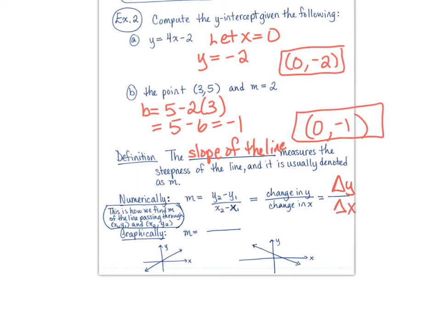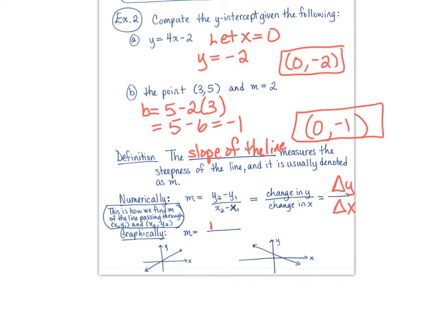So here you would be given 2 points, (x sub 1, y sub 1) and (x sub 2, y sub 2), and the slope would be the change in y over the change in x. Be consistent with which y you put first and which x you put first.